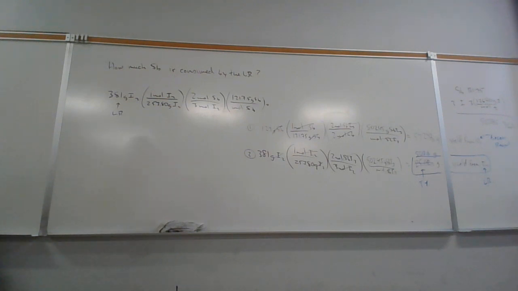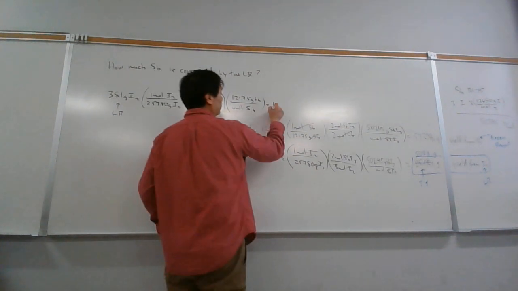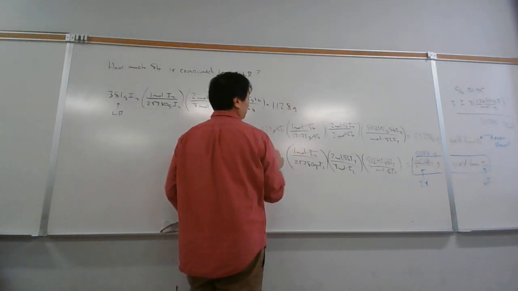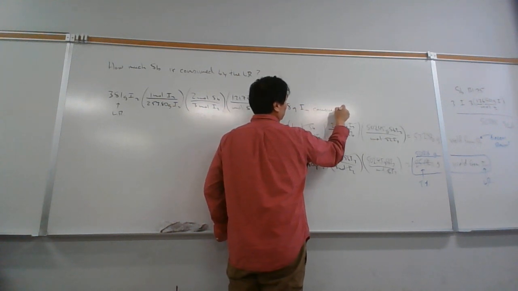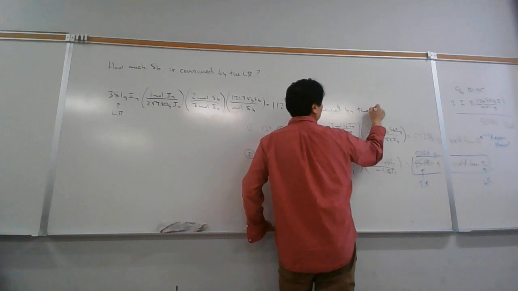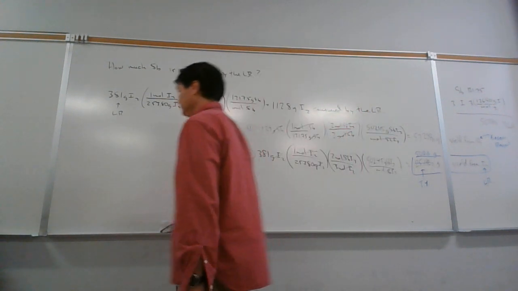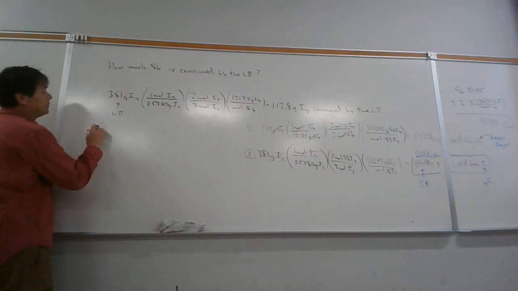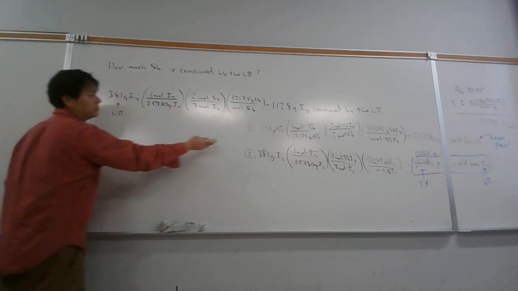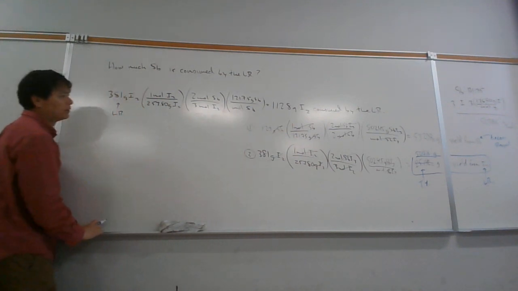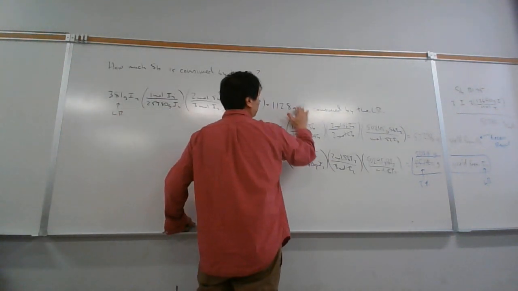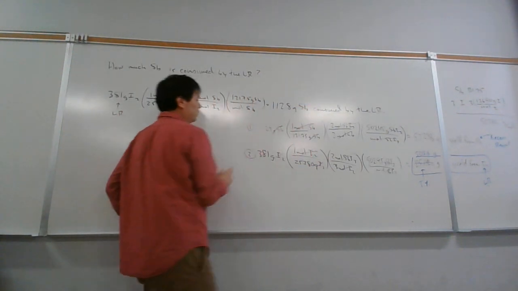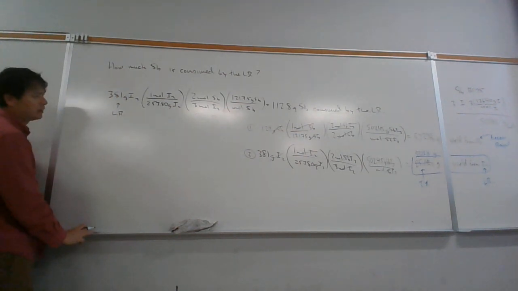Okay, you get 121.8 grams of antimony consumed by the LR. And so if we have 129 grams of antimony, we're going to consume about 122 grams. Is it grams of iodine or antimony? Sorry, grams of antimony. So we have 129 grams of antimony and we consume about 122 grams.